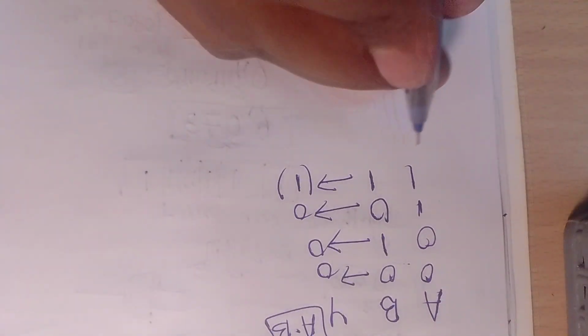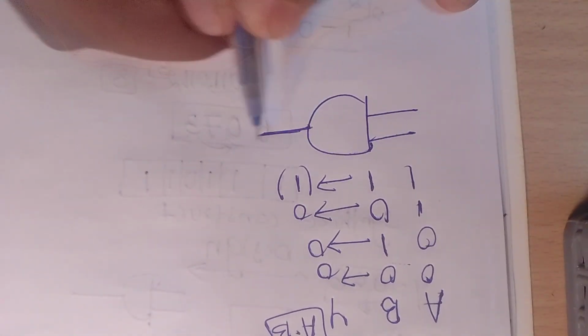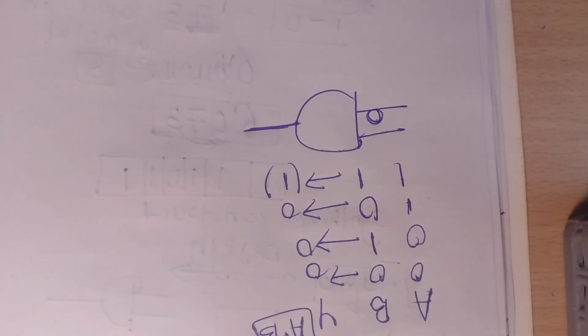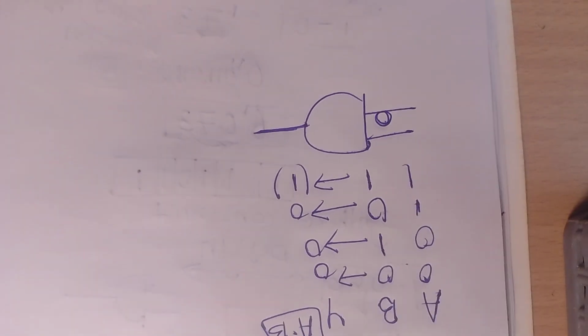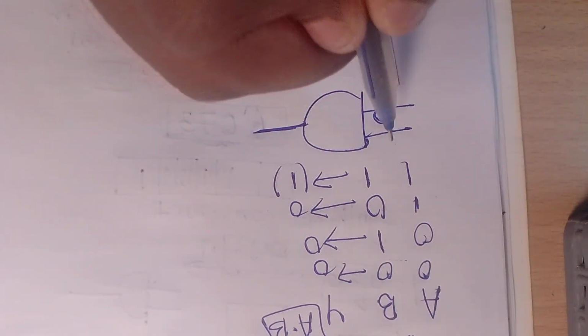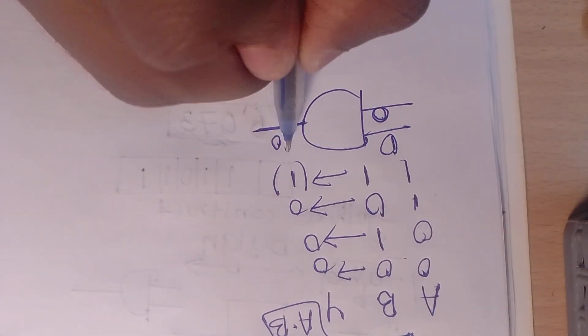We have a control input. For example, I need to disable this gate. How can I disable it? I will give 0, then this gate will always be disabled. Whatever input you provide, for example 1 or 0, I am disabling the gate.